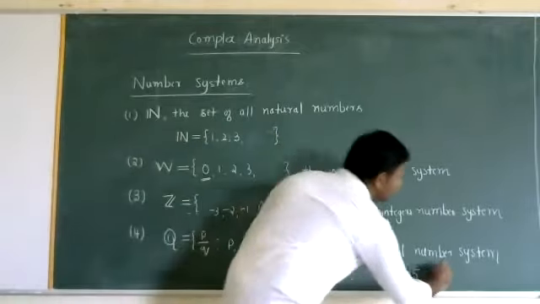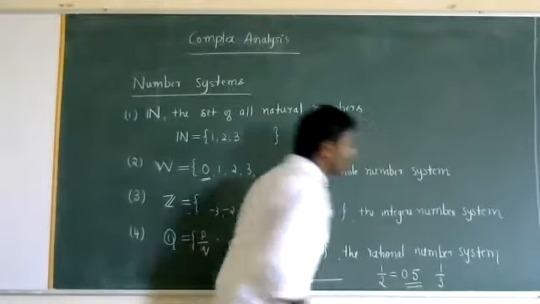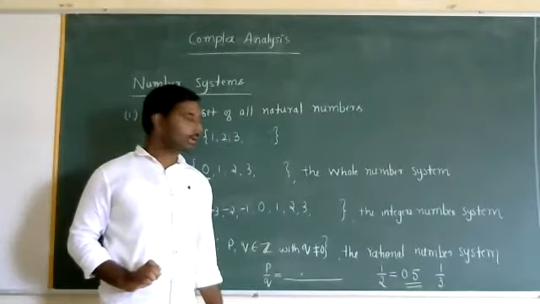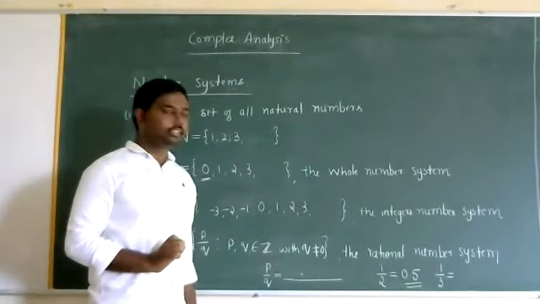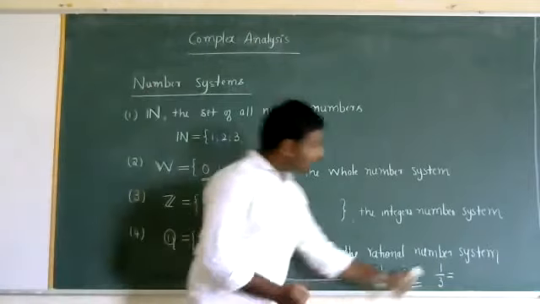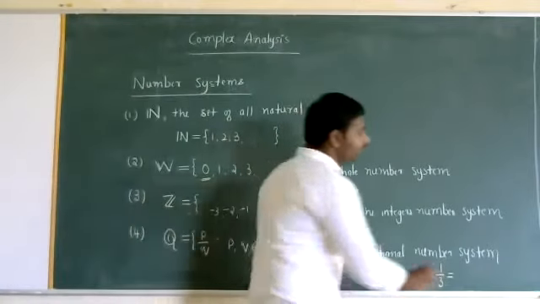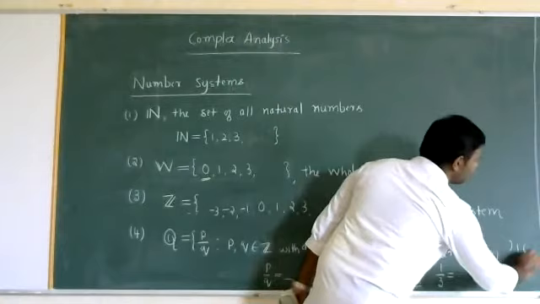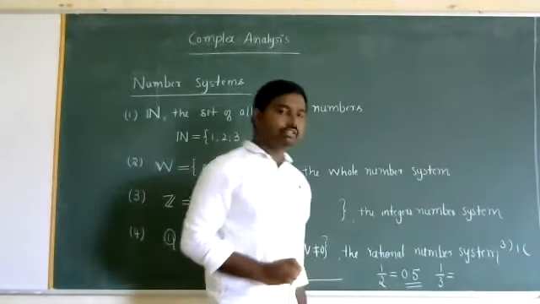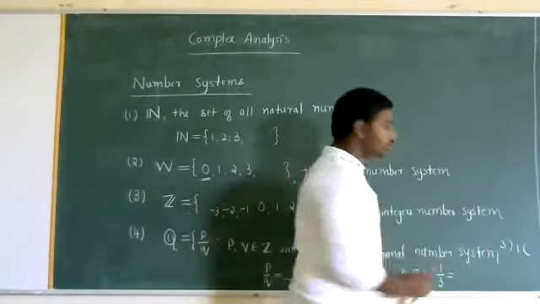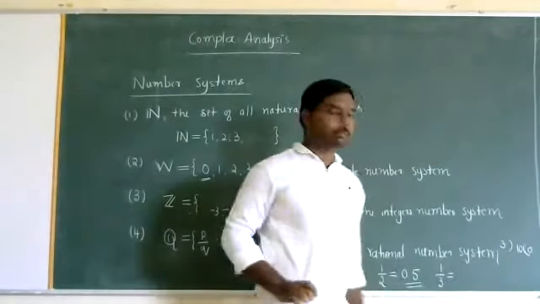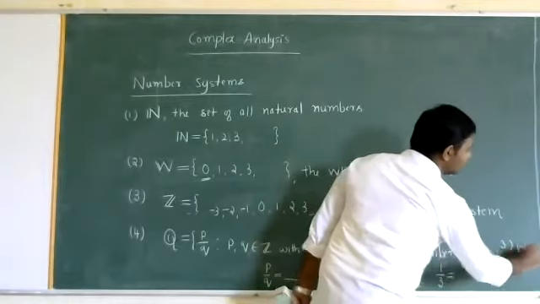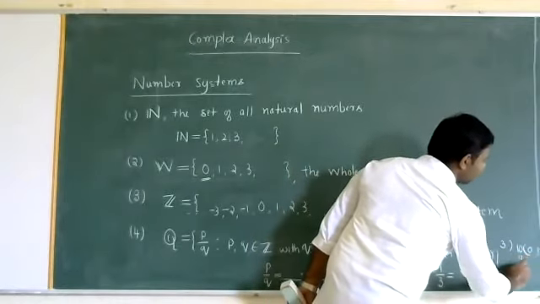Likewise, if I consider 1 by 3, what is the decimal representation of 1 by 3? To get it, we have to divide 1 by 3. It is a smaller value, so I have to add a 0 by putting a decimal point. 3 3s are 9.